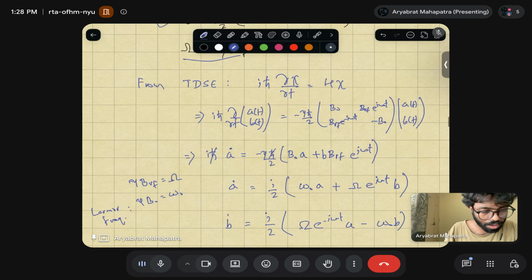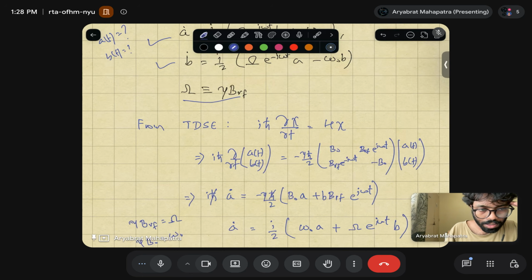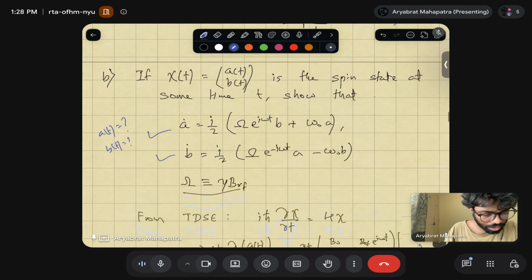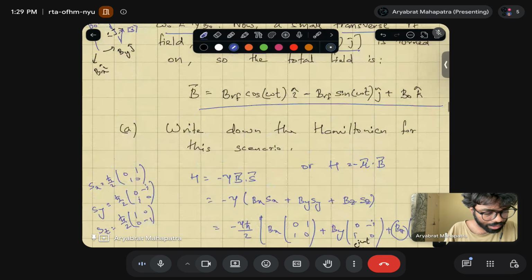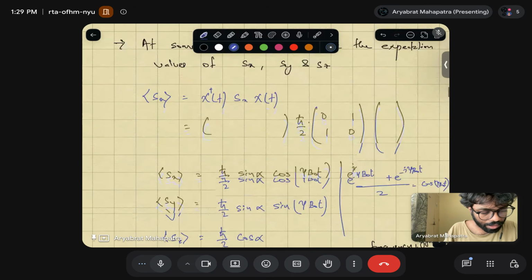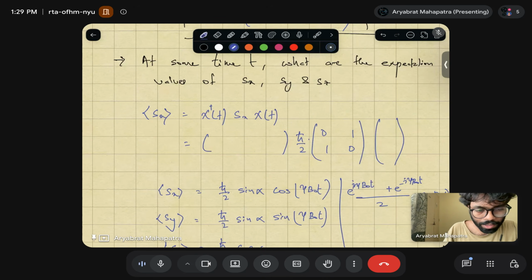For this topic, Griffiths would be the easier one, and also Zettili you can see would be easier.